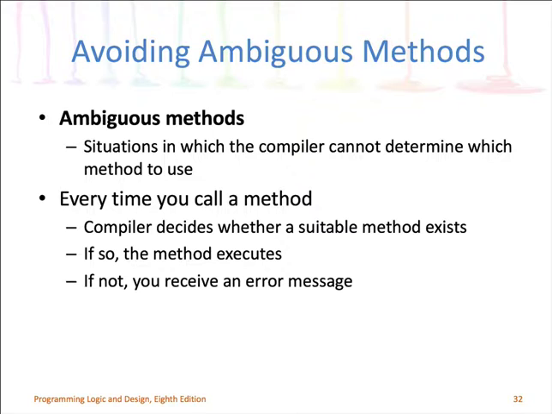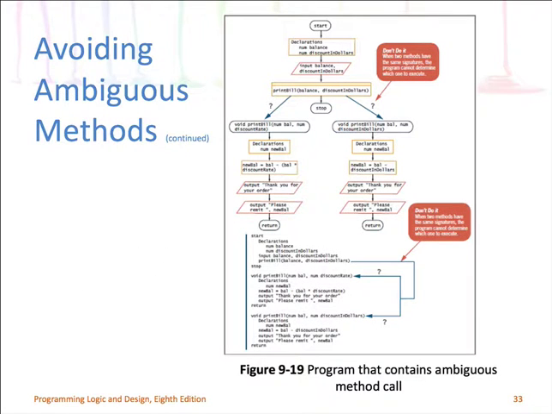One thing that you want to avoid, because it's going to cause you problems, is what's referred to as ambiguous methods. That is, the compiler cannot figure out which method to call because there are 2 or more methods that have the same signature. In that case, you will receive an error message.